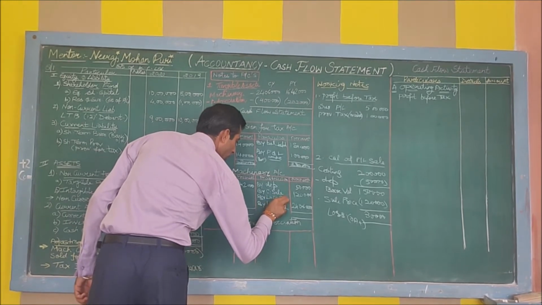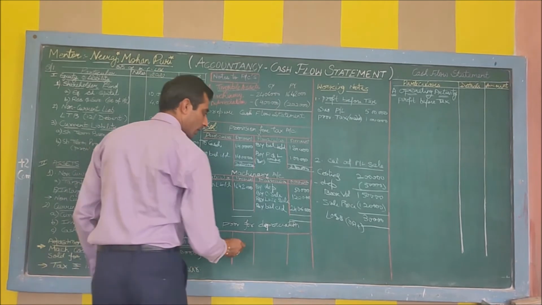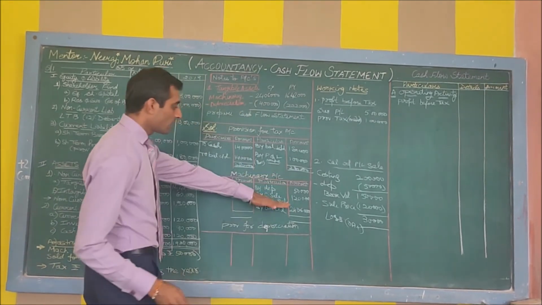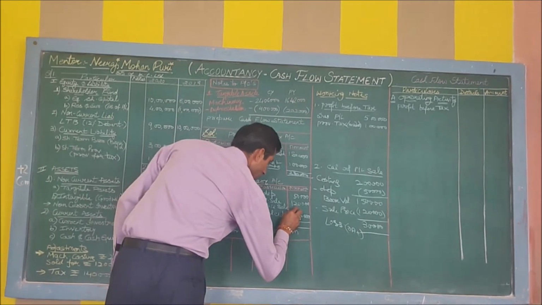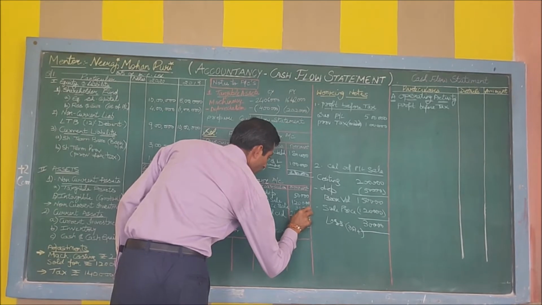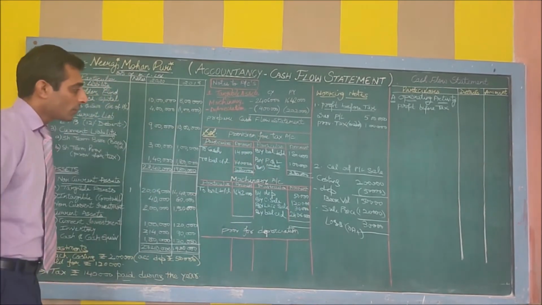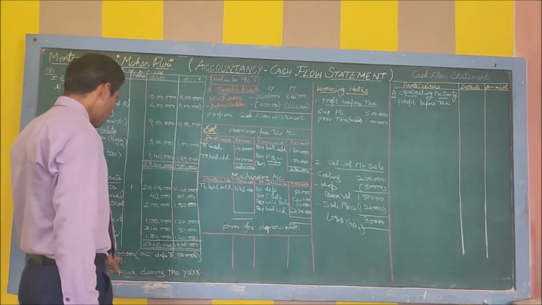If there is a profit, we credit it; if there is a loss, we debit it. Losses are debited and the profit on sale is credited. Our loss is 30,000. Fill this column with 30,000. Next step. This is complete. We have to close this ledger. Do the totaling. So this costing was 2 lakh.